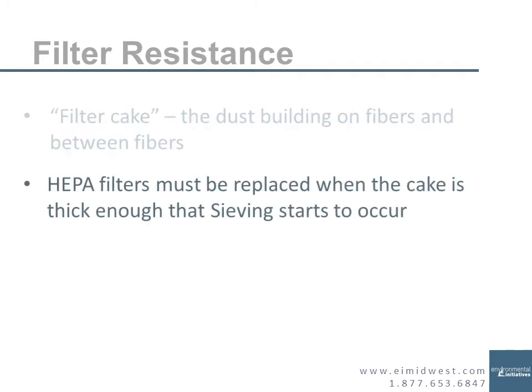Anyway, HEPA filters have to be replaced when the cake is thick enough that sieving starts to occur with all particles. What that means is essentially, think of your net, right? Your net is always going to catch the big fish. But at some point, your net is going to have so much seaweed in it that everything's just going to get stuck on the seaweed and on what was already caught, and you're going to get no airflow through that filter.